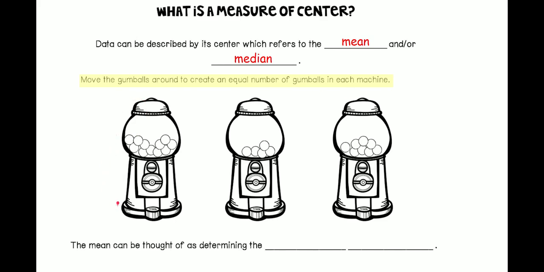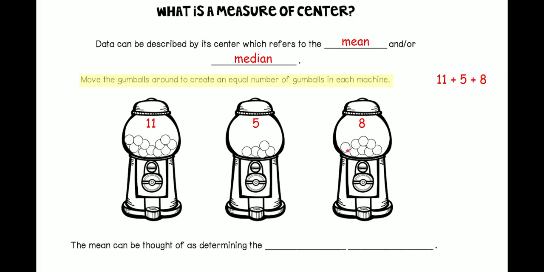Well, one way to do it is to just move gumballs around until it looks about even, and then you count it up and make sure it's all good. The other way to do it mathematically, in a more exact fashion, is to find the mean or the average. So we're going to add all these gumballs up to find out how many total gumballs you have. Once you have the total, how many machines do you need to divide it into?